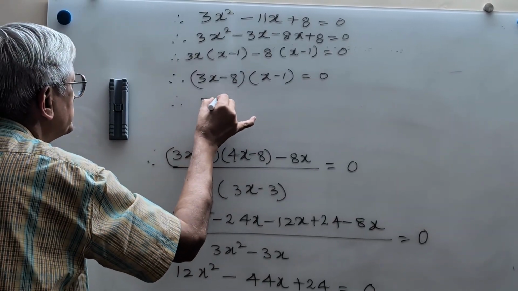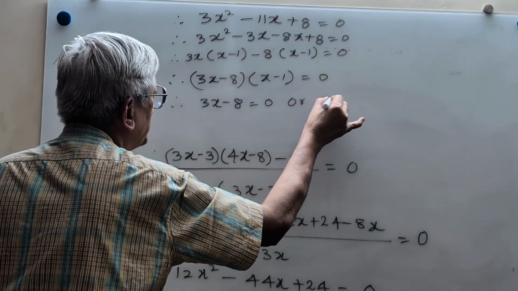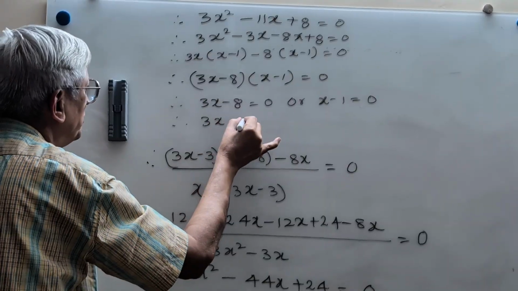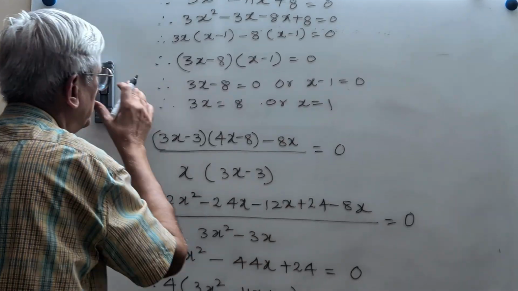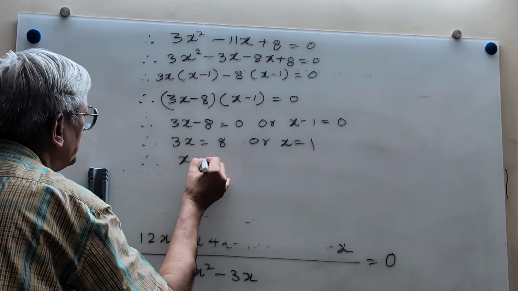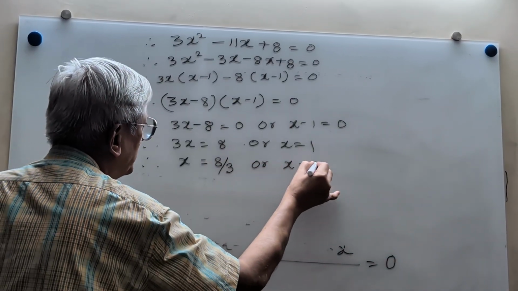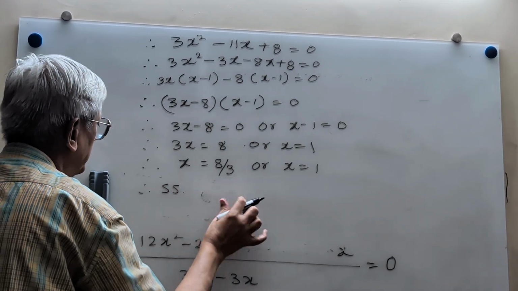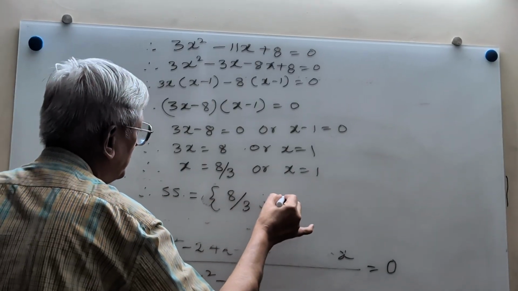Therefore 3x minus 8 is equal to 0, or x minus 1 is equal to 0. Therefore 3x is equal to 8, or x is equal to 1. Therefore x is equal to 8 upon 3, or x is equal to 1. Therefore the solution set is 8 upon 3 comma 1.